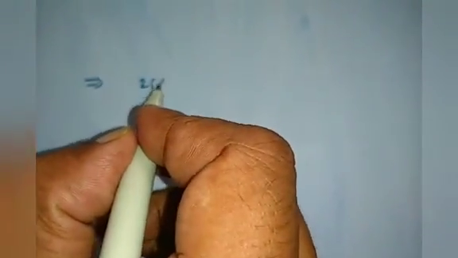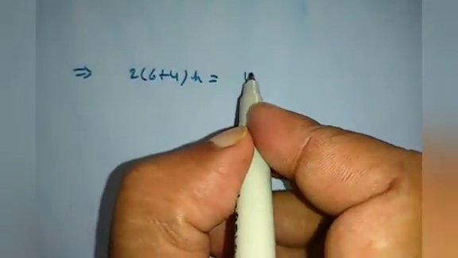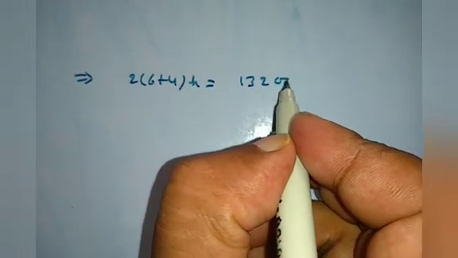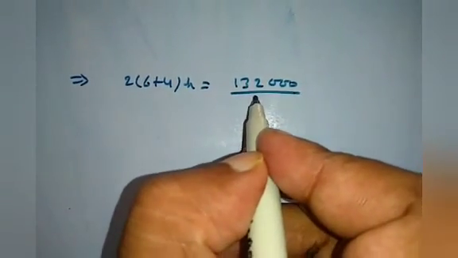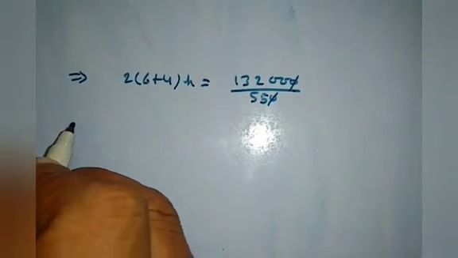So 2 into 6 plus 4 into H equal to 132000 divided by 550. 0 and 0 cancel.